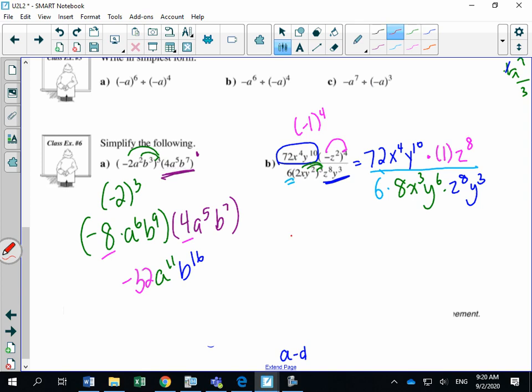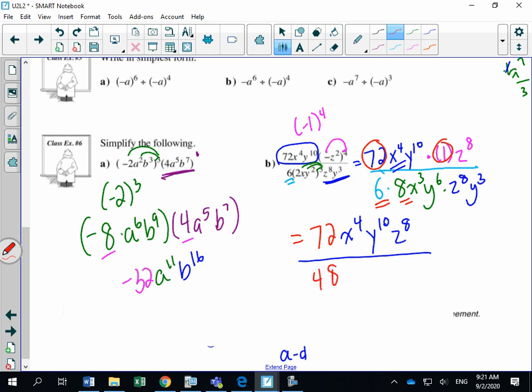So in my numerator, I have 72 times 1, which is 72. My x's, there's no x's to combine that with, so x to the 4, y to the 10, z to the 8. Let's deal with our coefficients in the denominator. So 6 times 8 is 48.